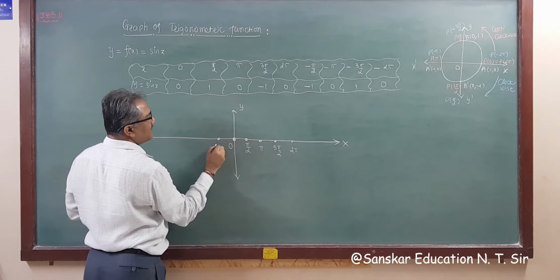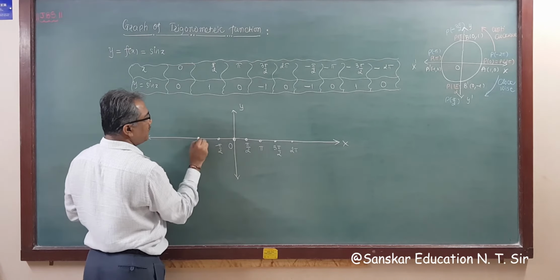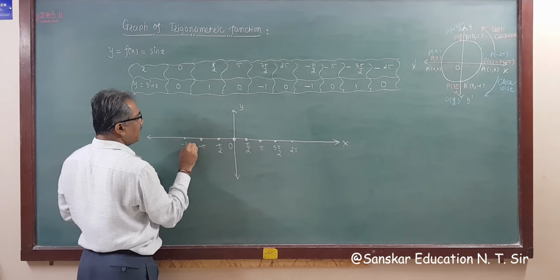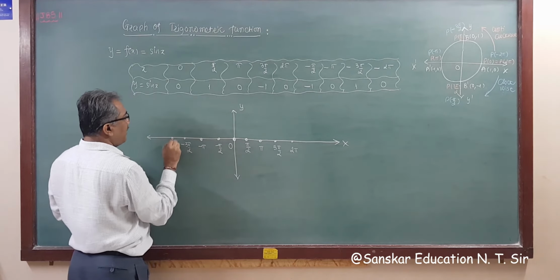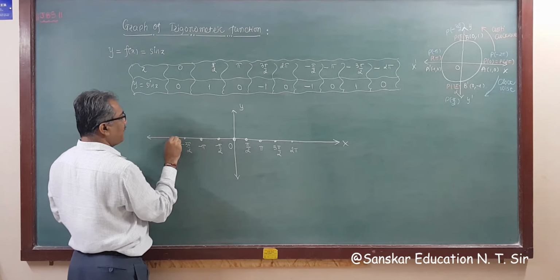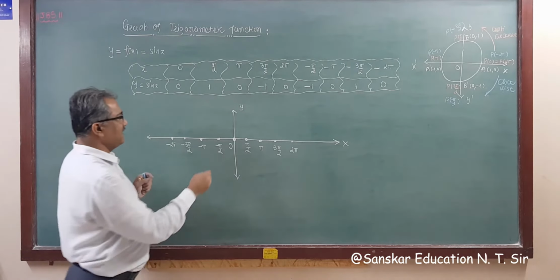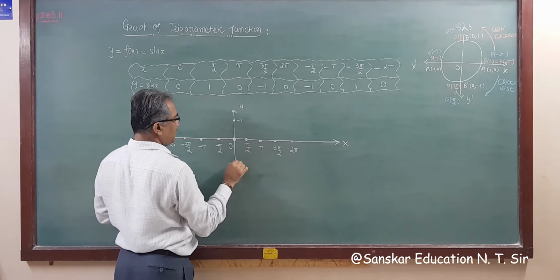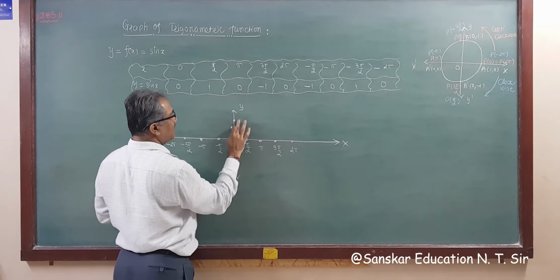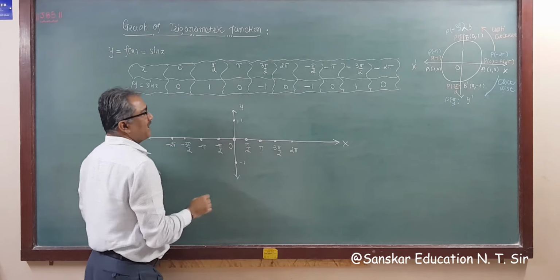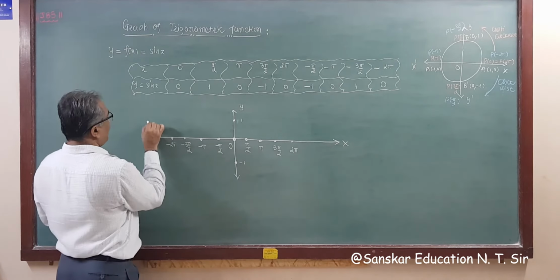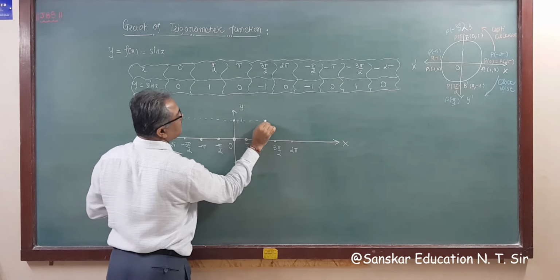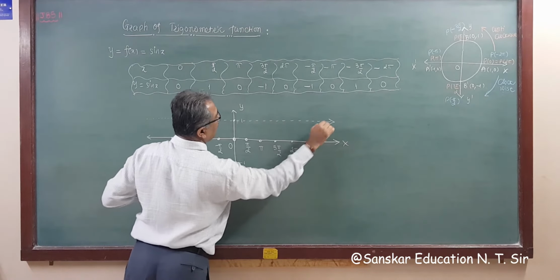Now this is minus pi by 2, this is minus pi, this is minus 3 pi by 2, and minus 2 pi. Now the range of sine function is minus 1 to 1. So this is 1 and this is minus 1, right? So I am drawing a dotted line here for the range.